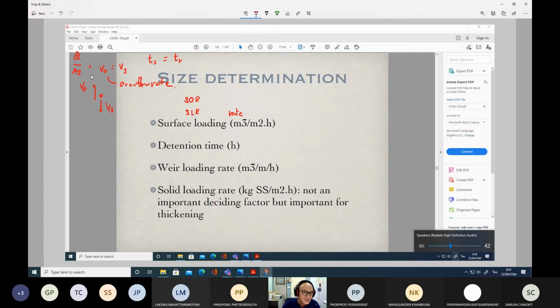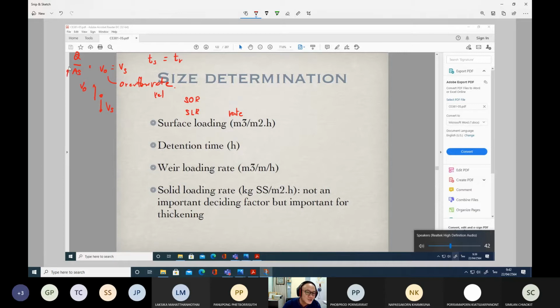And the way to decrease the overflow velocity, or the overflow rate, sometimes we also call it, what we can do is enlarge the surface area.